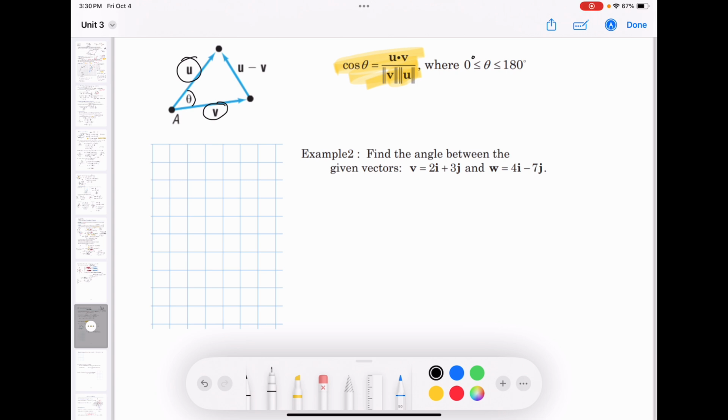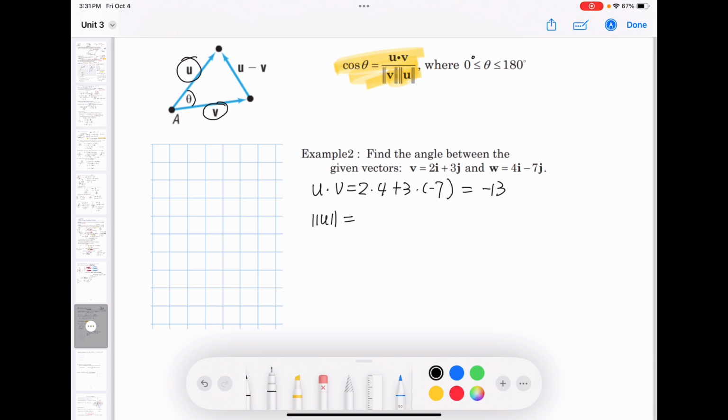So let's find u dot v. u dot v is equal to 2 times 4 plus 3 times negative 7. Oh, this is the previous example. This is negative 13. And then find the magnitudes.